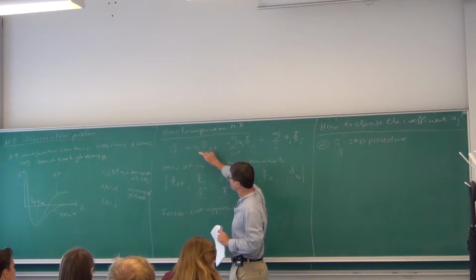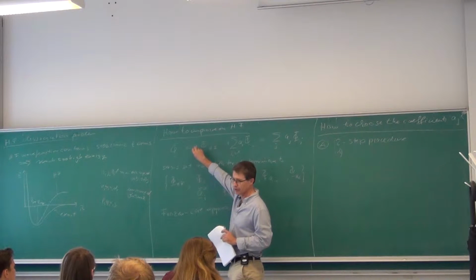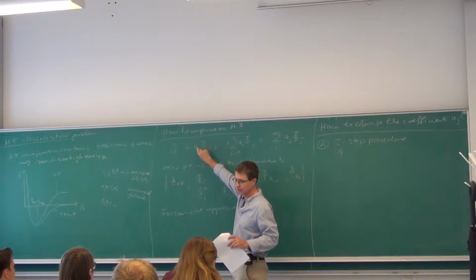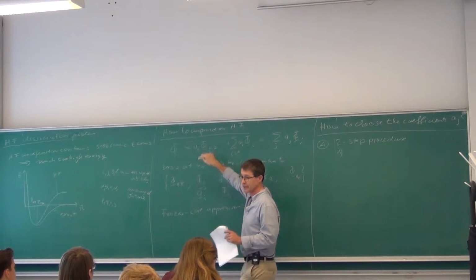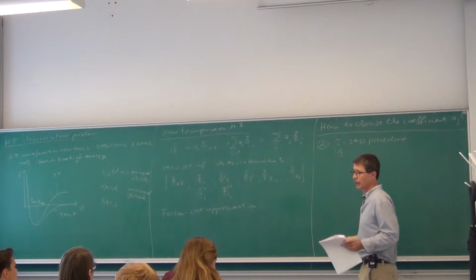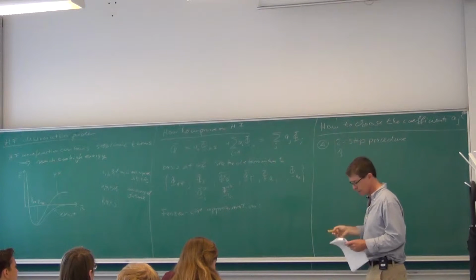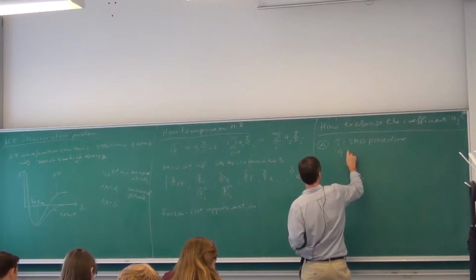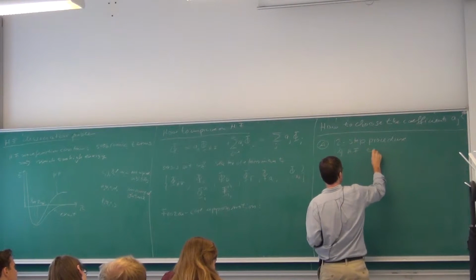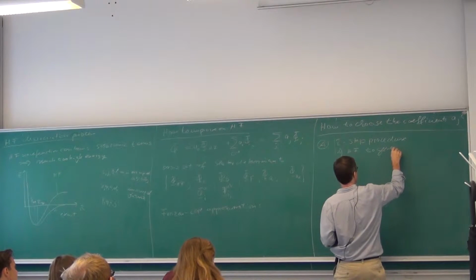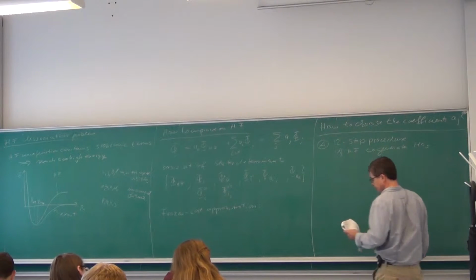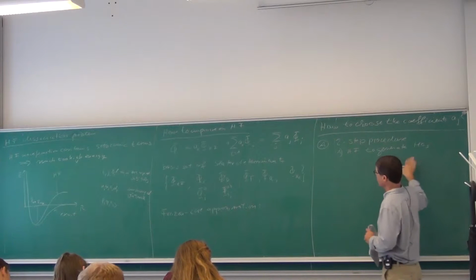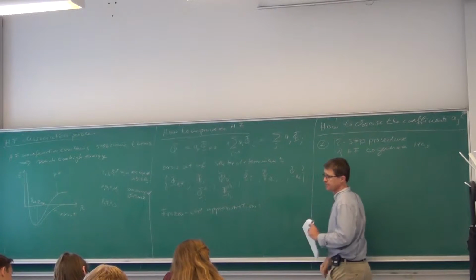In principle, I could vary the determinant coefficients, or configuration coefficients, and the molecular orbital coefficients at the same time. But in this procedure, we first do a Hartree-Fock calculation to generate the molecular orbitals, and then we can make all those determinants from those.